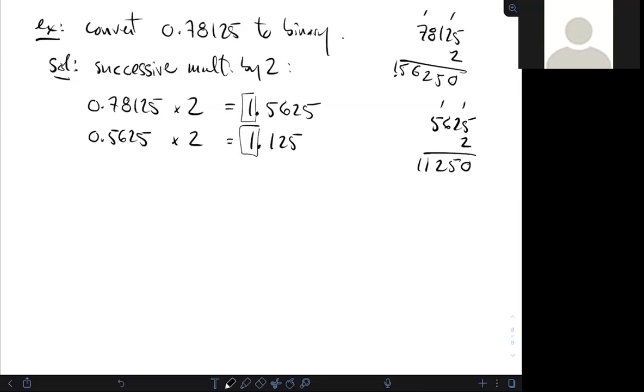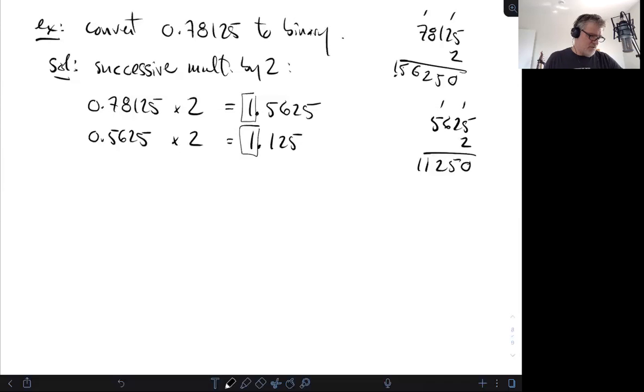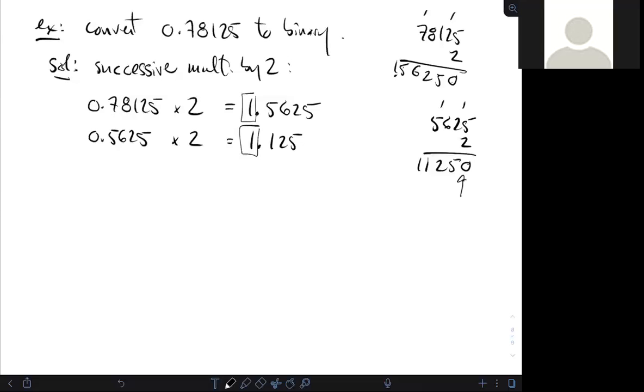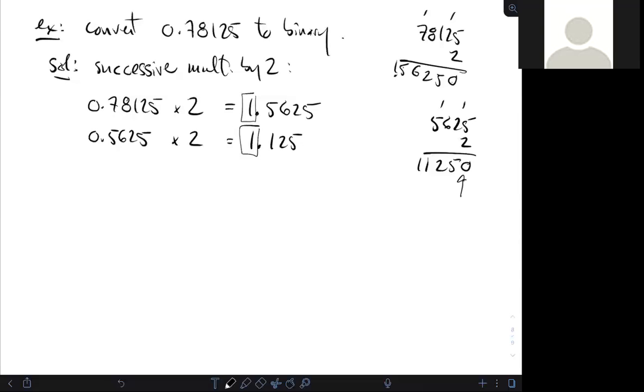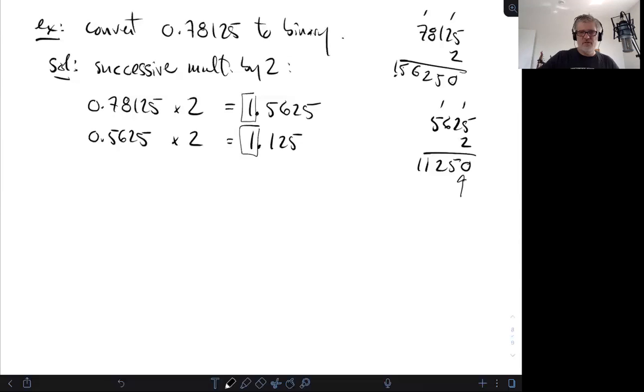Is your question why did I not write the 0 here? It makes no difference. It's at the end of the fractional part, so it doesn't contribute to anything. It's on the right of the point, so the zeros on the right don't mean anything. Is that okay? Thank you.